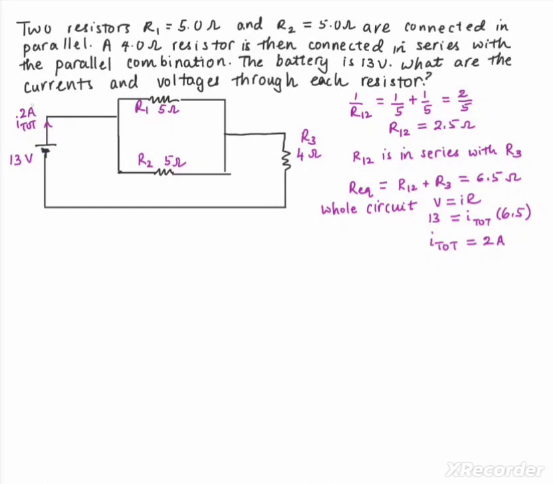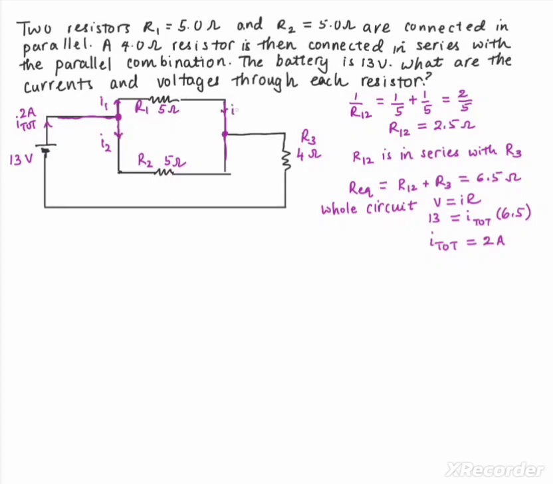Now think about I total, and it's going in this direction, and it comes here. Remember, current is like water flowing through a pipe. It has to split into two, and then they meet up back here. So let's just call this I1 in R1 direction and I2 in R2 direction.